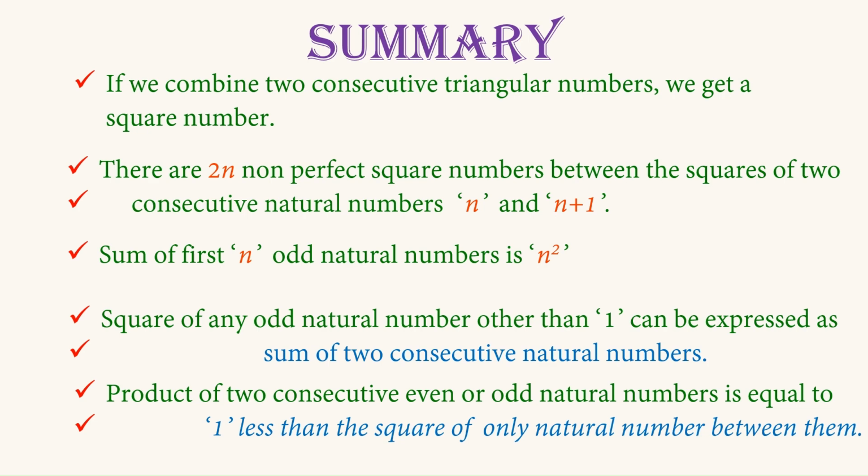The sum of the first n odd numbers is equal to the square of n. Square of any odd natural number other than 1 can be expressed as the sum of two consecutive natural numbers. Product of two consecutive even or odd natural numbers is equal to 1 less than the square of the only natural number between them. Along with that, we have seen some interesting patterns in squares.